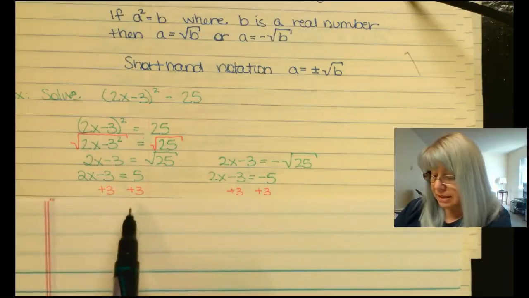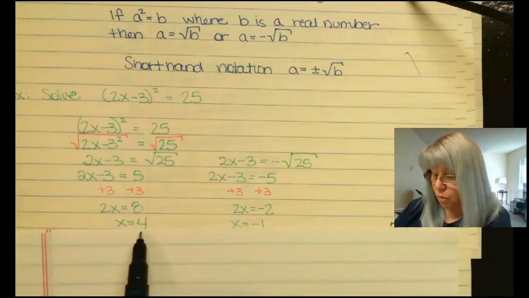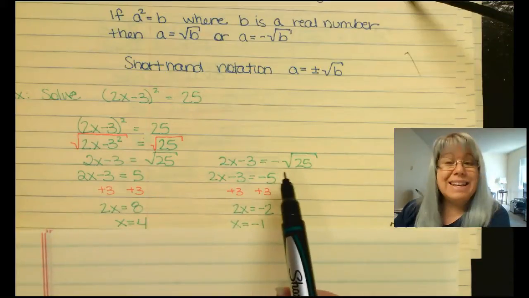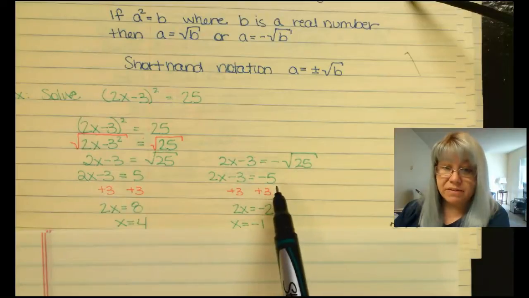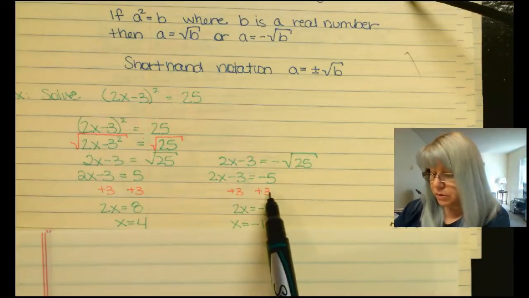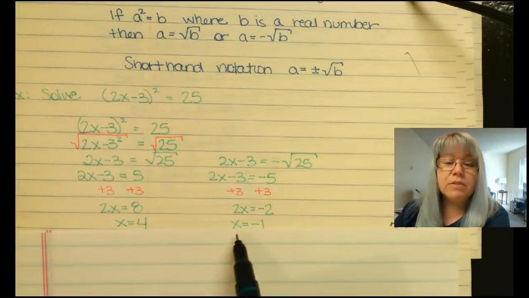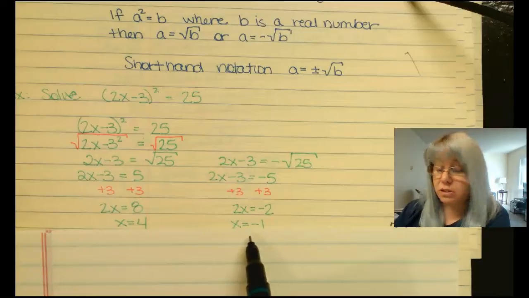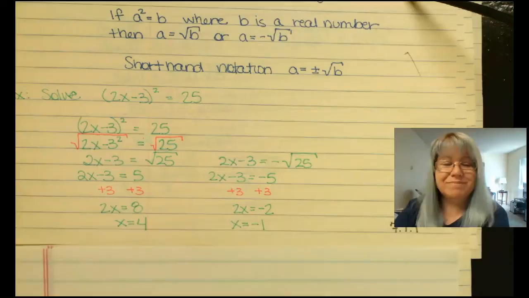Add 3 to both sides, and we get 2x equals 8, so x equals 4. For the negative square root, the negative square root of 25 is negative 5. Add 3 to both sides. 2x equals negative 2. And therefore divide each side by 2, x equals negative 1. So our solution set is negative 1, 4.